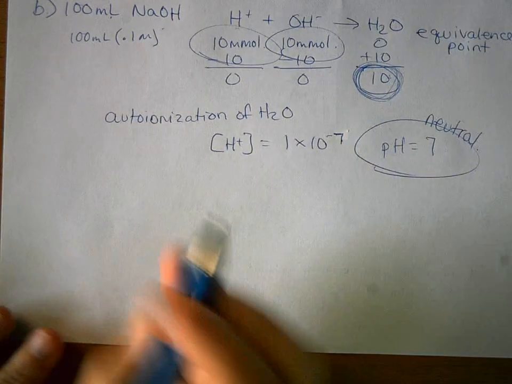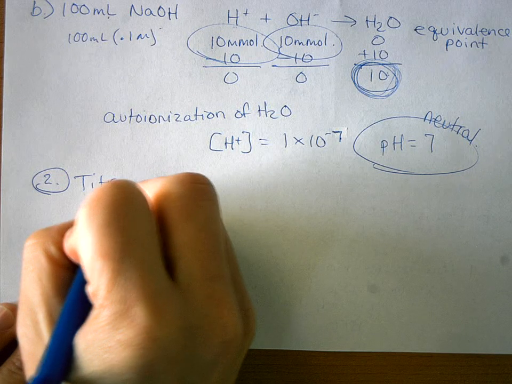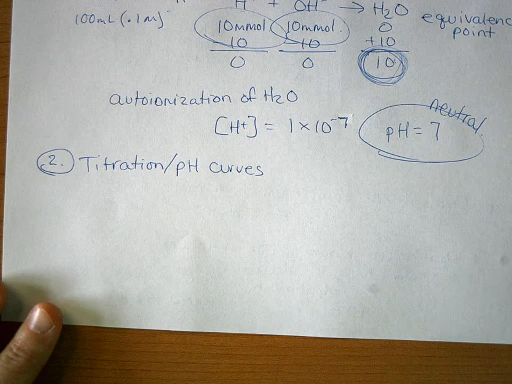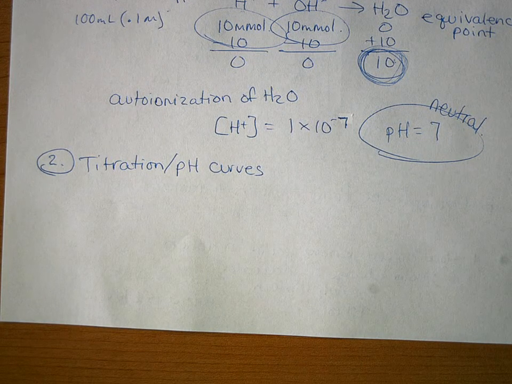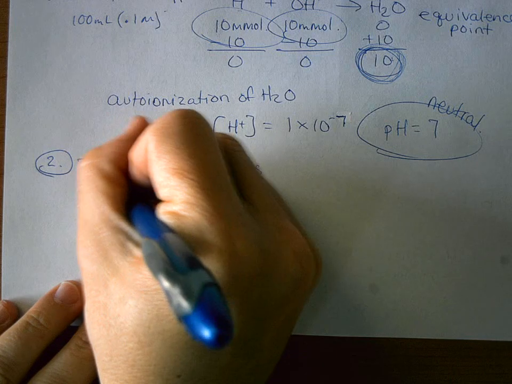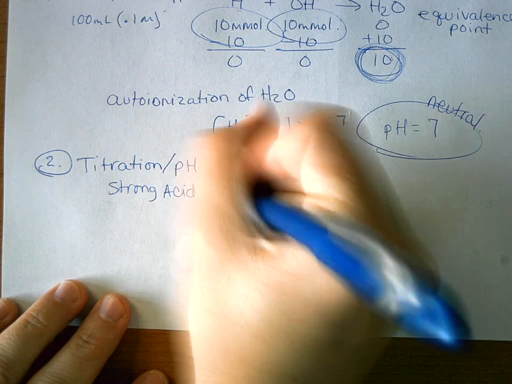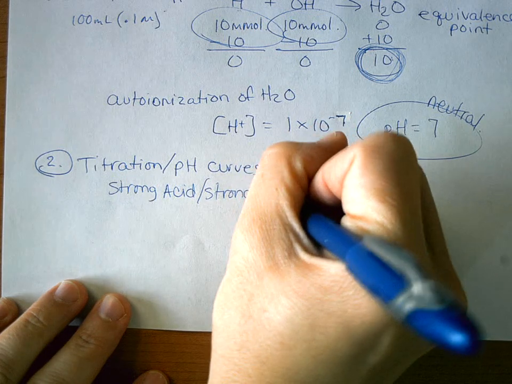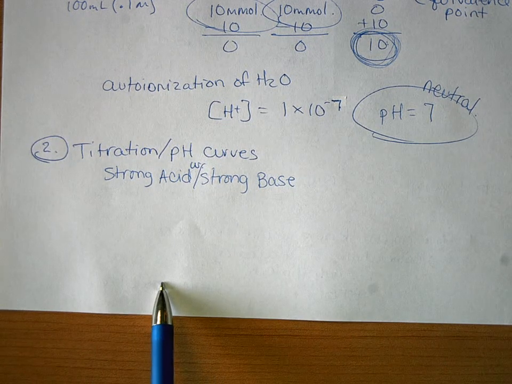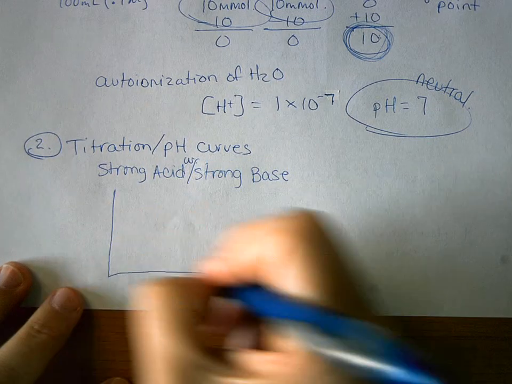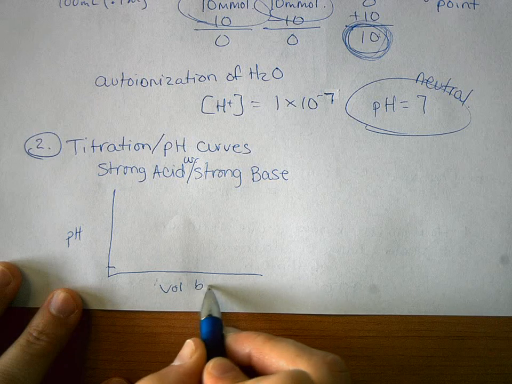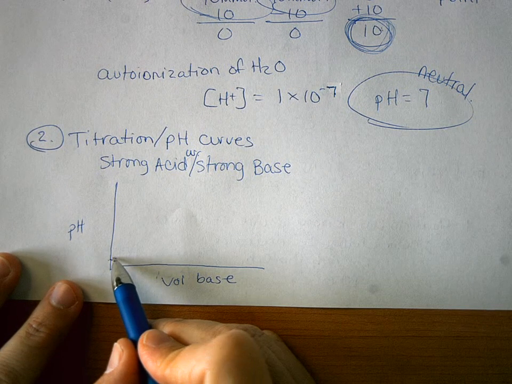Now real quickly, the titration curves. If I have a strong acid with a strong base, meaning I've got the strong acid in the flask and I'm adding a base to it, then in my titration curve I'm going to start off with a very low pH down here, and as I add volume of base, the pH is going to increase, and then I get this steep line.